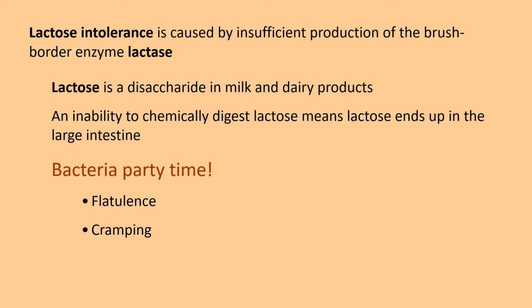So as adults, not everybody produces lactase, and it's one way that our species differs genetically around the world. So if you're lactose intolerant, it means that in your brush border, we don't find very much lactase.